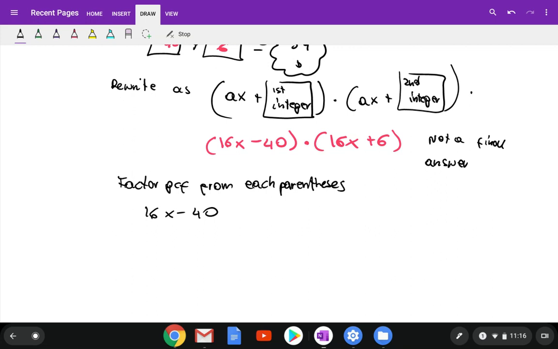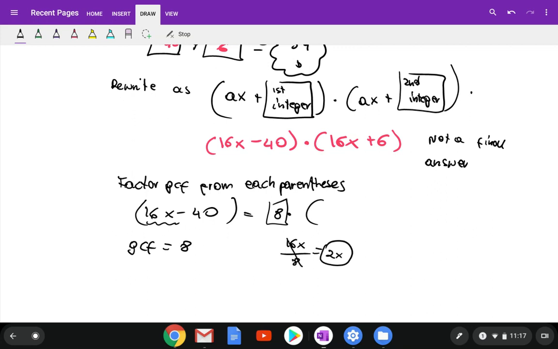You need to find the greatest common factor between 16 and 40, which will be 8. So we're going to factor out that 8 and take your original expression, take that 16x and divide by the GCF, which was 8. You end up with 2x.